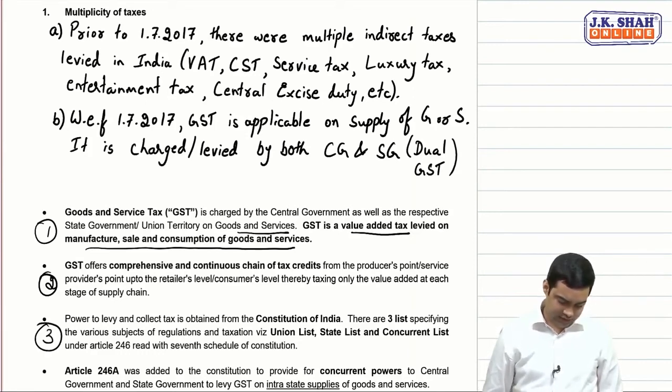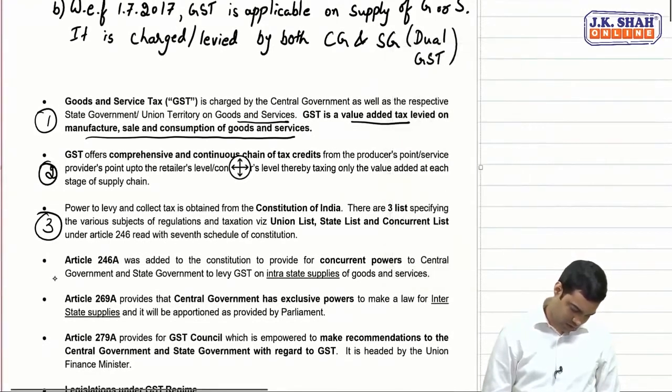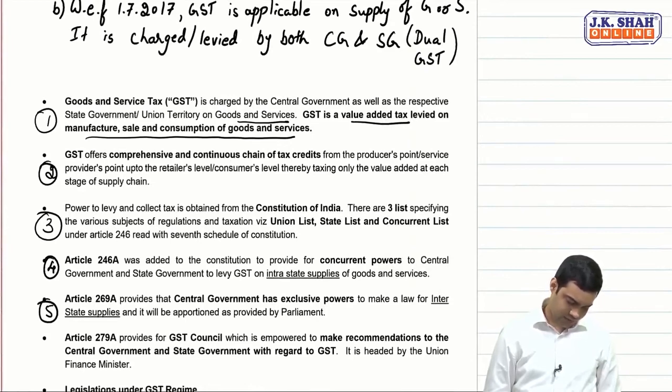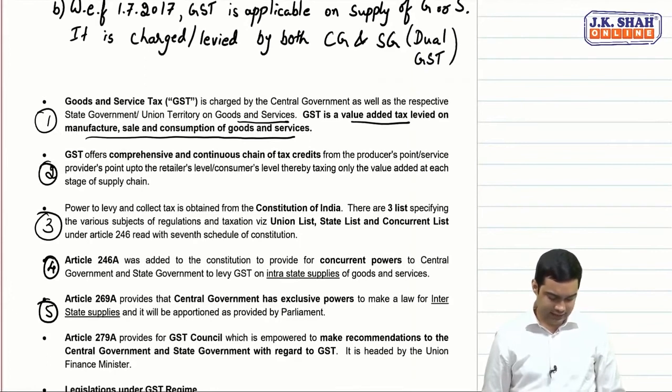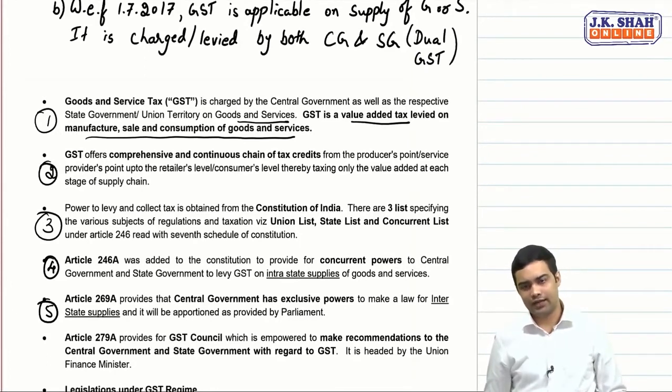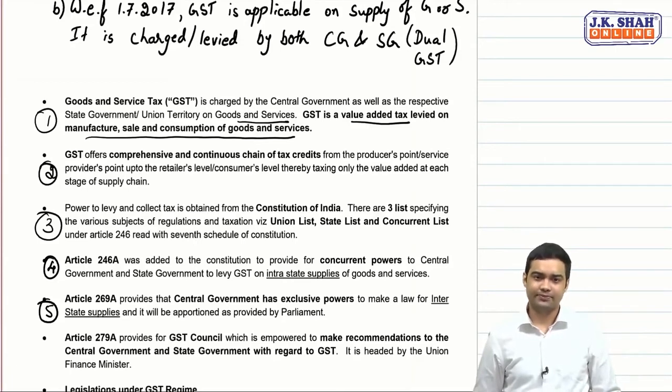I want you to just read point number 3, point number 4 and point number 5. Just have a look at it and see if you have understood it. Pause the video here, have a look at it, and thereafter again listen to the video.